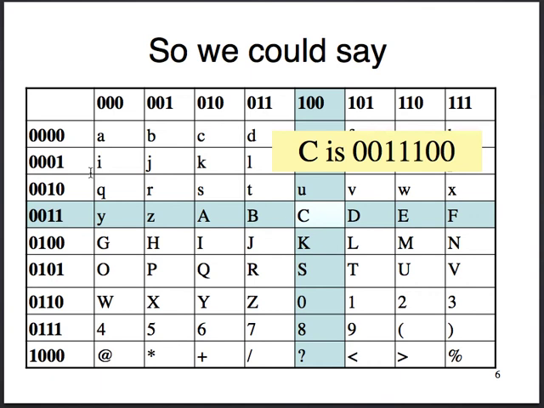So what is uppercase Q in this scheme here? 0, 1, 0, 1, 0, 1, 0. And number 2 is 0, 1, 1, 0, 1, 1, 0.